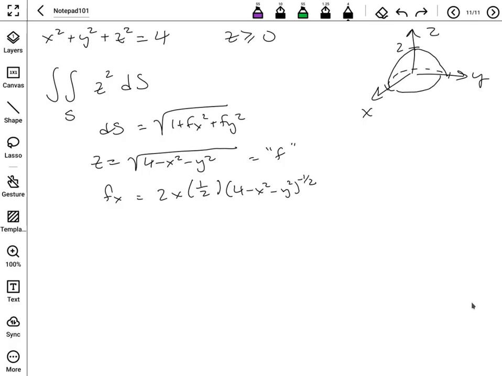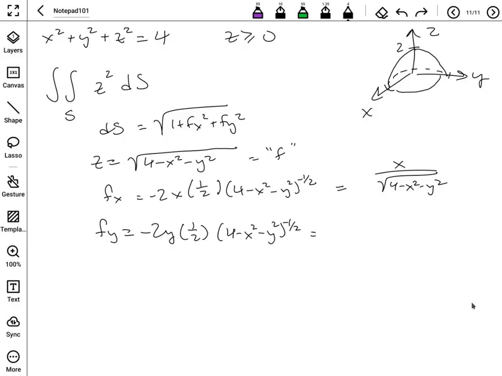I did a power rule on 4 minus x squared minus y squared to the 1/2 power, and then a chain rule because I had an x squared function inside. That gives me minus x over the square root of 4 minus x squared minus y squared. f sub y is going to be the same: minus y over the root of 4 minus x squared minus y squared.